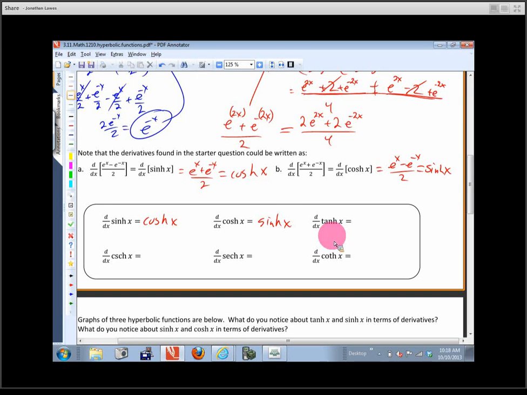If you had to guess what the derivative of tanh is. What's the derivative of tangent? Secant squared, okay? The derivative of this is the sech squared of x.